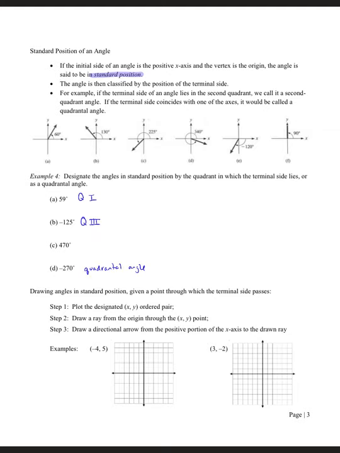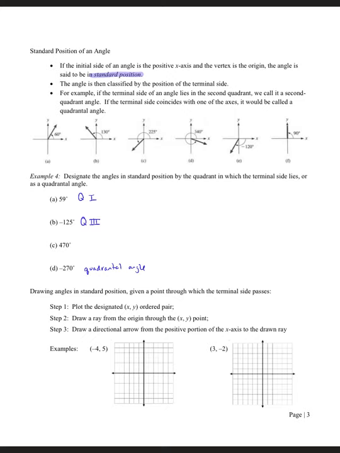You can see that letter B, negative 125 degrees, the terminal side would lie in quadrant 3. We'll come back to letter C, and then letter D, negative 270 degrees, that would lie on one of the axes, therefore it's a quadrantal angle. So let's look at 470 to find out where that one lies.